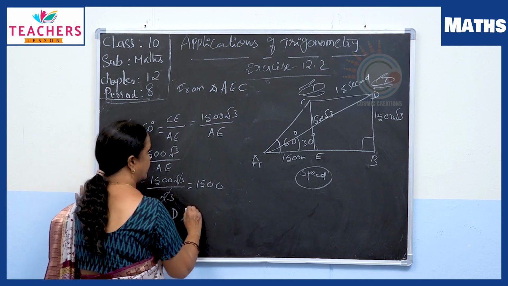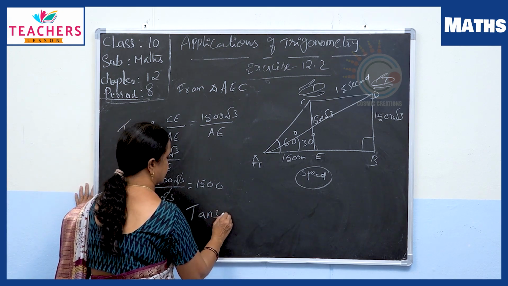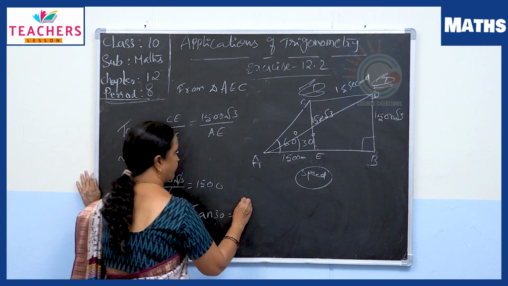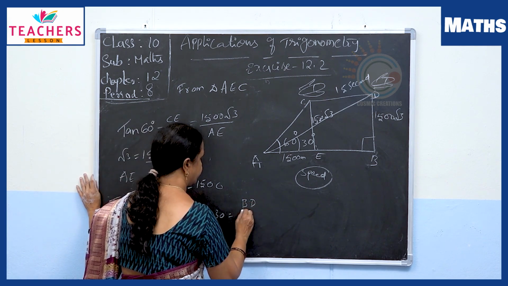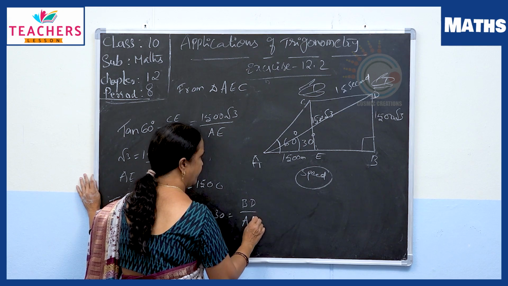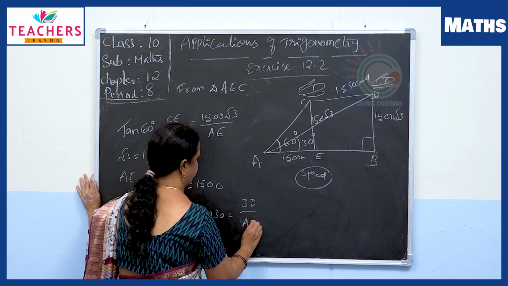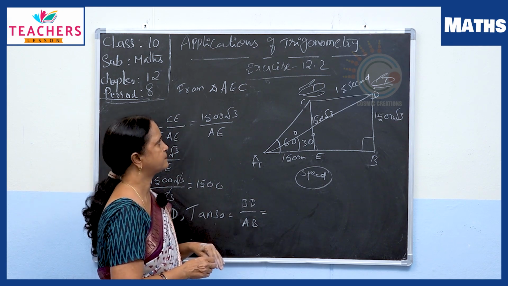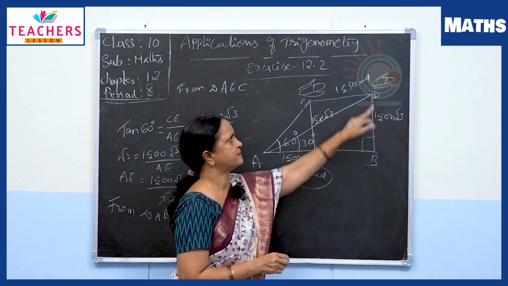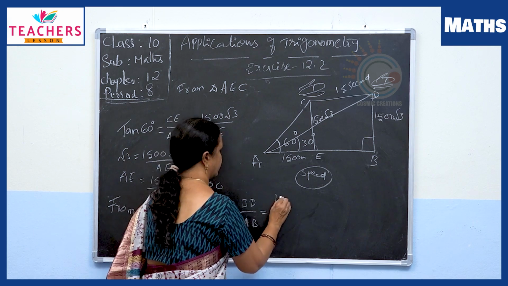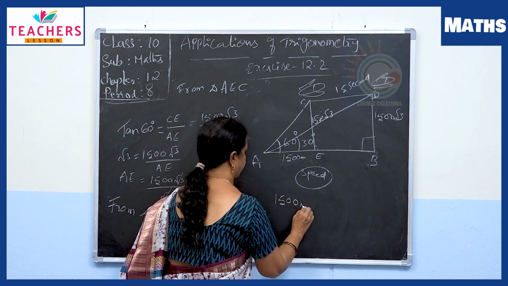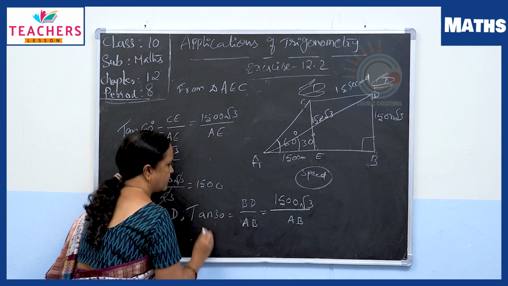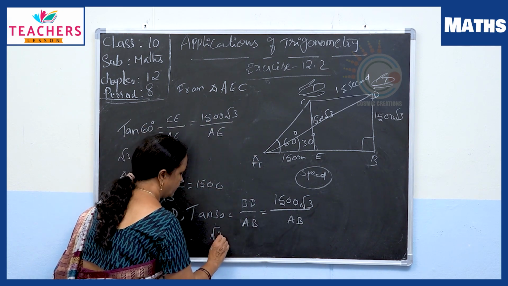In triangle ABD, tan 30 degrees is equal to BD by AB. What is BD? BD is 1500 root 3. Tan 30 value is 1 by root 3.